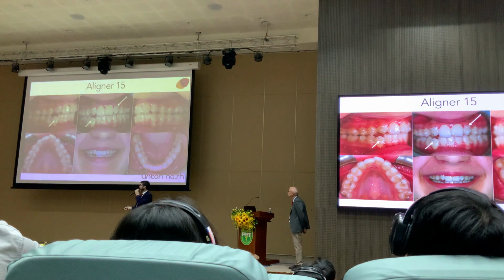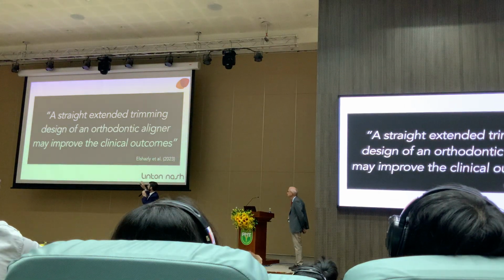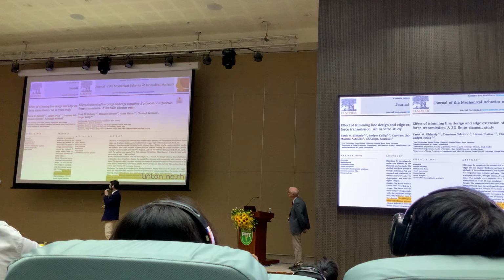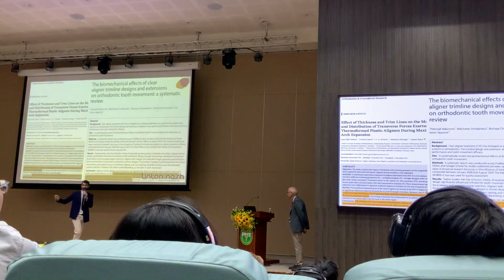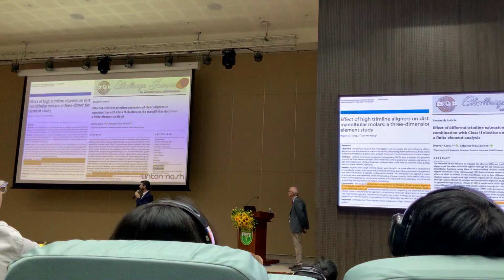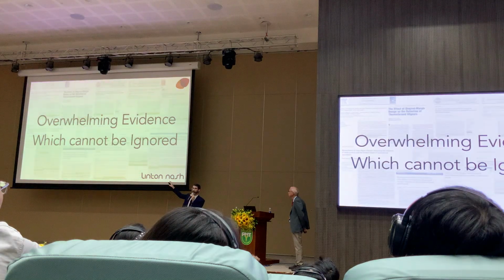So it's not just because I don't like them. The thing is, there is a lot of research to show a straight extended trim line has significant benefit for force transmission. And it's not just this paper. There are so many papers showing that a straight cut is better. If you're using a scalloped aligner, such as Invisalign, you are leaving stuff on the table.